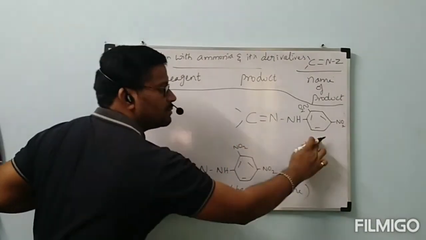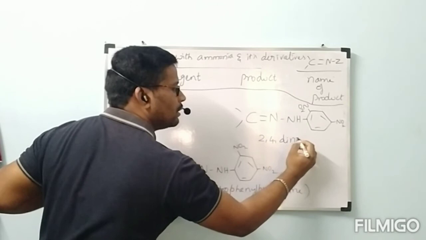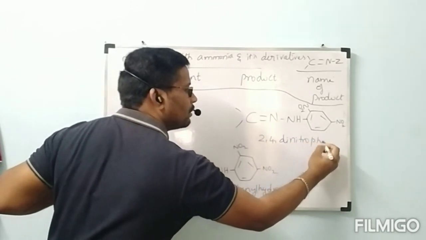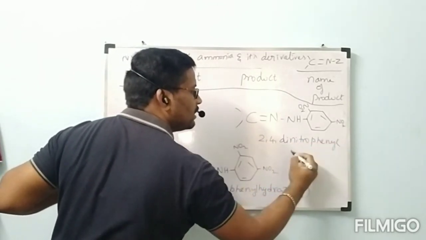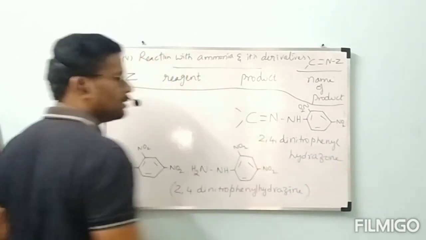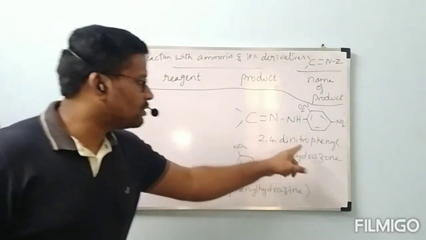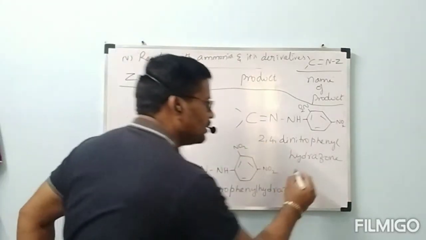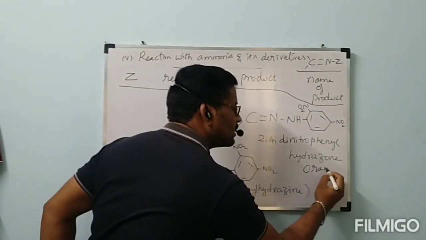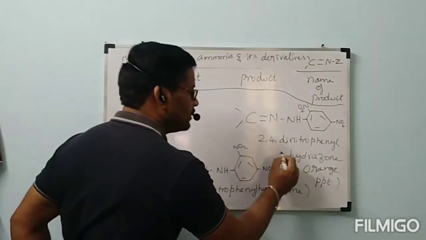This is the product formula. This is called 2,4-dinitrophenyl hydrazone. Product name is 2,4-dinitrophenyl hydrazone, which is an orange red precipitate. Orange precipitate. PPT means precipitate.